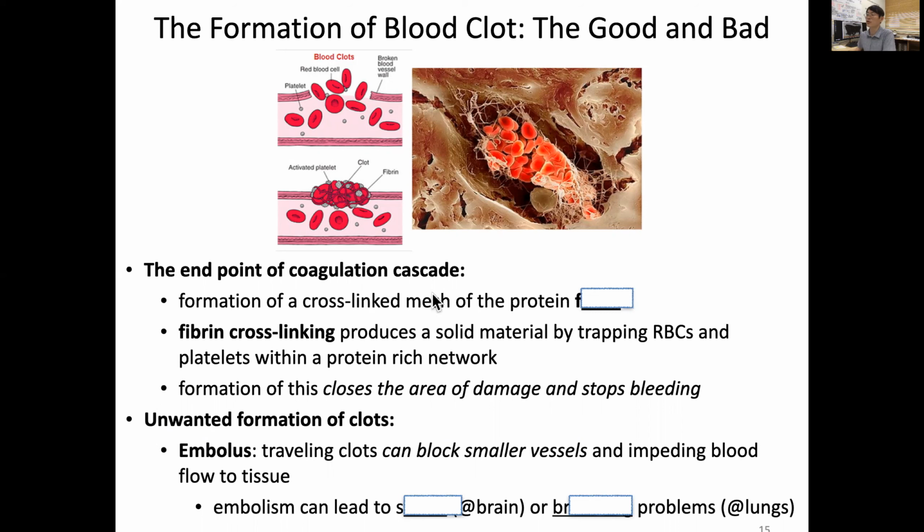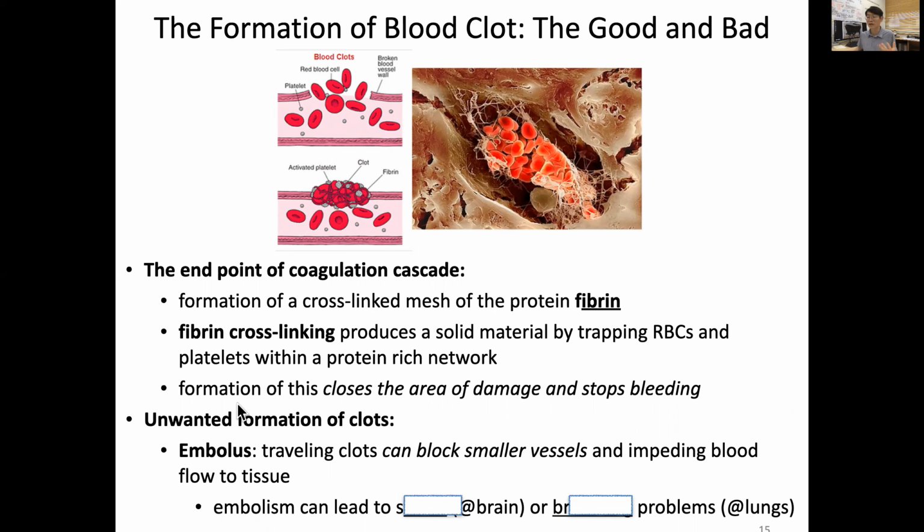So the end point is the formation of the protein fibrin, and fibrin cross-linking produces a solid material by trapping red blood cells and platelets within a protein-rich network. That closes the area of damage and stops bleeding. So that's very important. This electron micrograph clearly shows these fibrin meshes and trapped RBCs, and the platelets are activated.